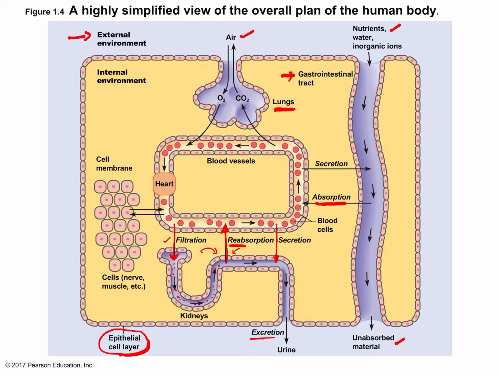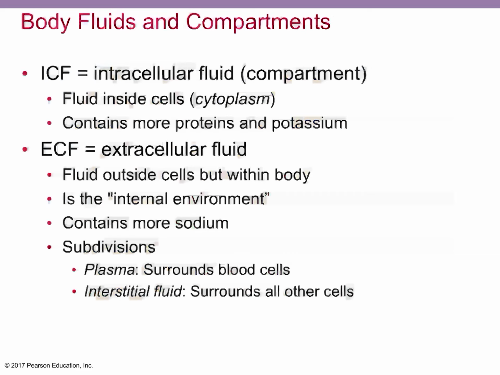All right, so let's talk about a couple more terms here. We have our bodily fluids and compartments. We talked about the interstitial fluid surrounding our cells, okay? But there's also fluid inside of our cells. That's called intracellular fluid, which is abbreviated ICF.